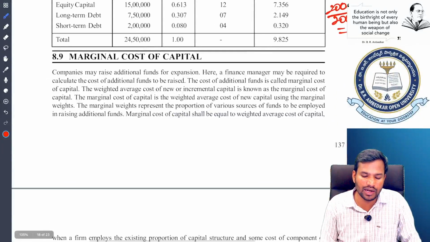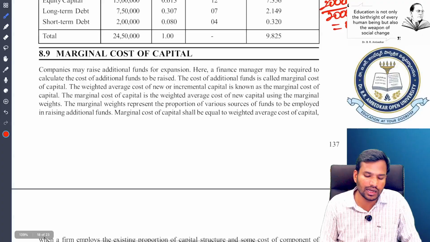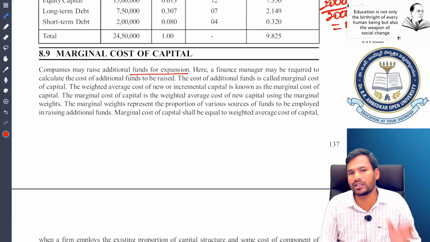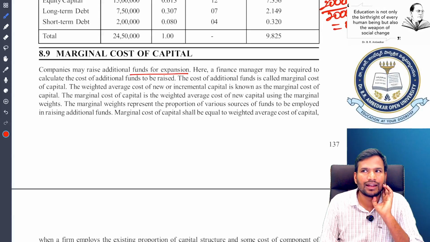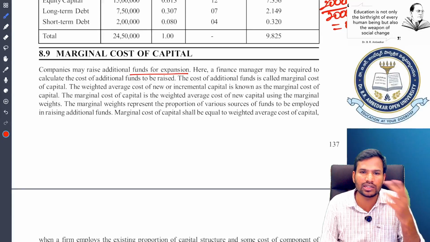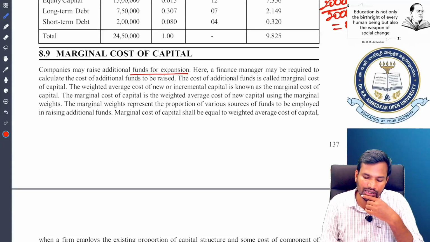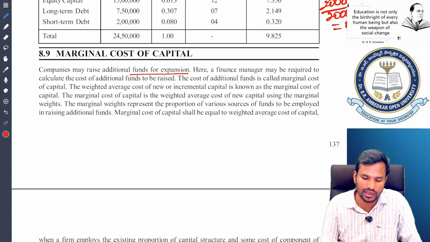Next concept, marginal cost of capital. Companies may raise additional funds for expansion. Marginal means additional. Whenever the company raises additional funds for expansion, the financier may be required to calculate the cost of the additional funds to be raised, meaning how much cost is incurred for raising the additional funds.